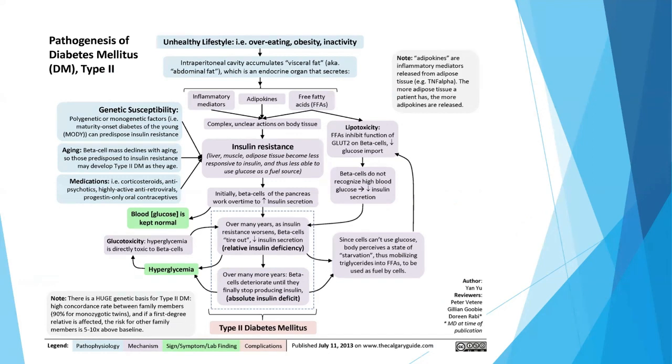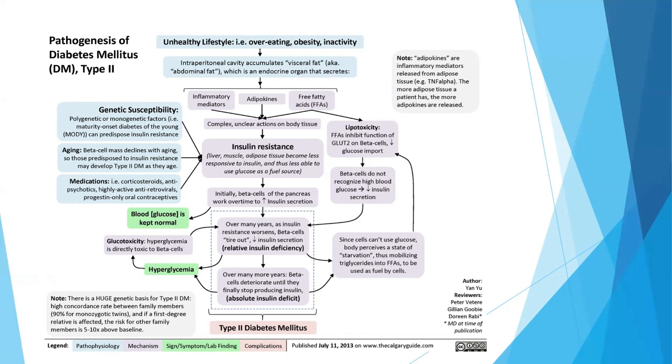Okay, now it will lead to increased inflammatory mediators, adipokines, and free fatty acids. And there is a complex, unclear effect on the body tissues. Actually, it is said that these free fatty acids go and block the insulin receptors. It is just a hypothesis, not so proved, but it is one of the most accepted ones. And when these free fatty acids block the insulin receptors, that will lead to insulin resistance.